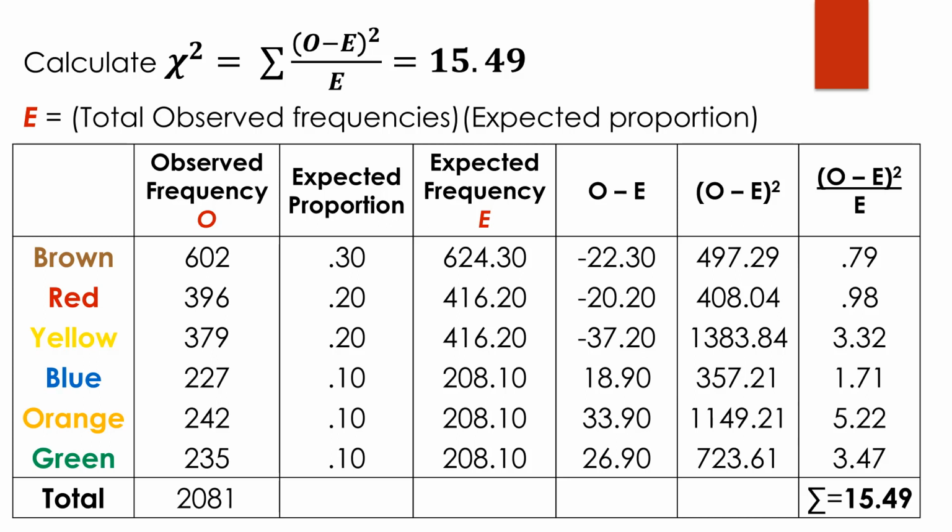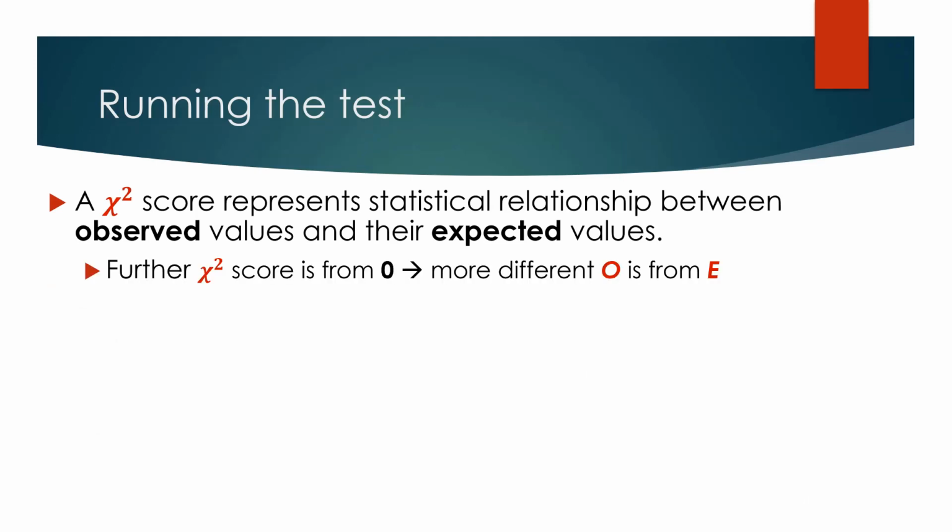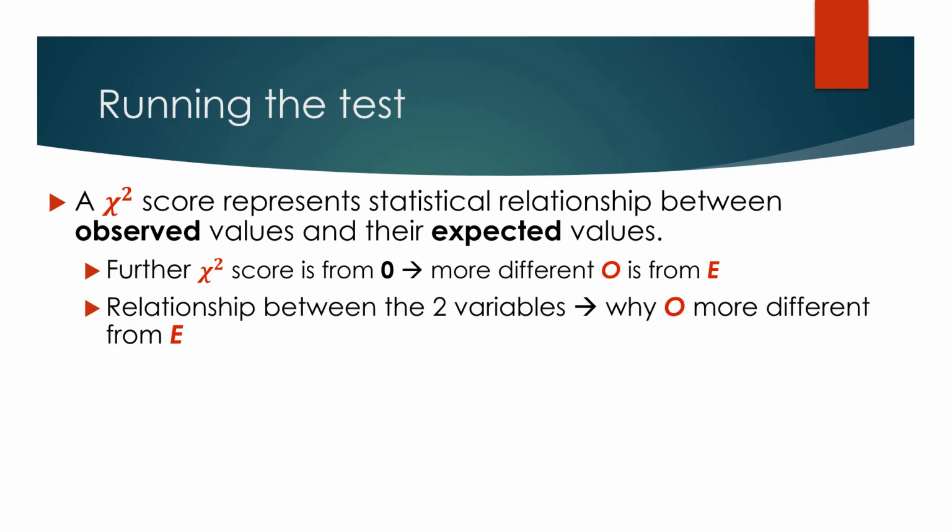Now let's do a quick refresh of what the chi-square score is telling us. So remember, it represents the observed values and the expected values. The further the chi-square score is from 0, the more different O is from E, okay? This point here is repetitive from the test of independence. We're not working with two variables, so let's disregard that.